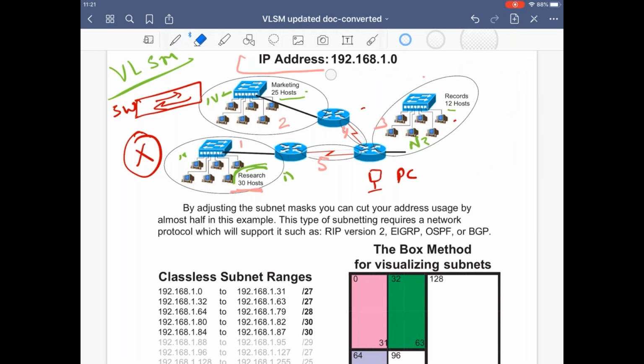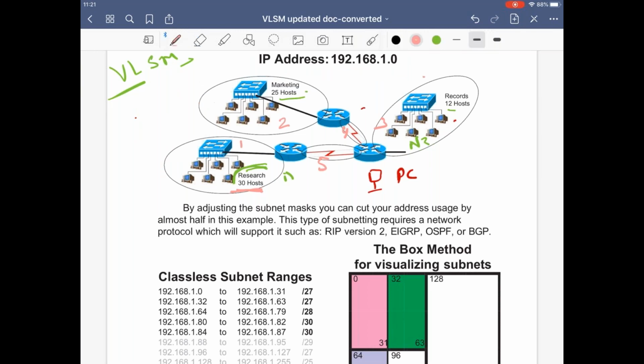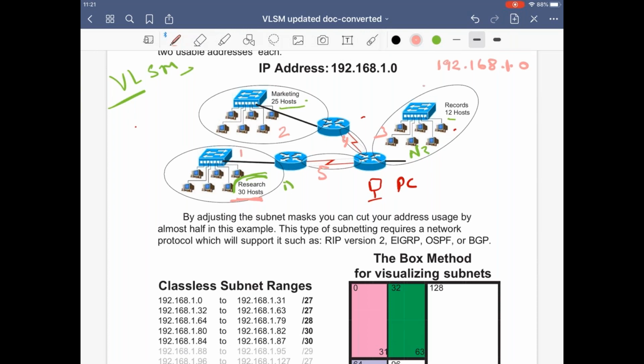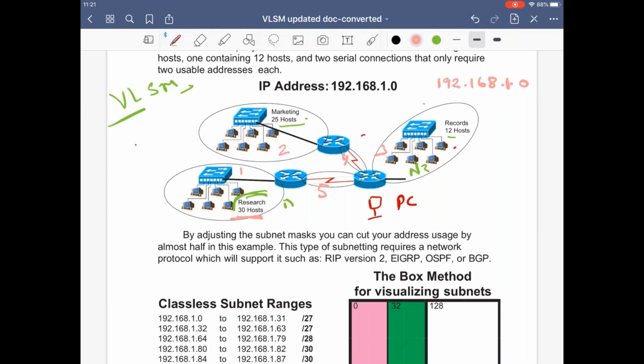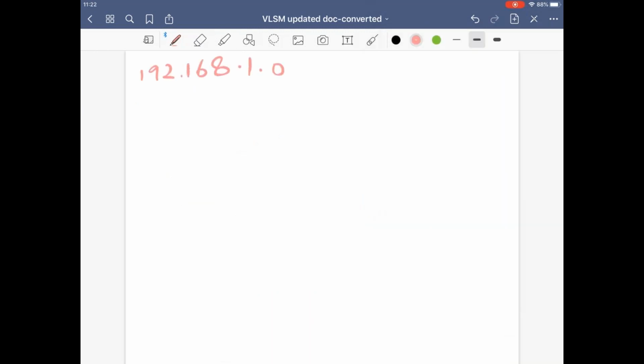Okay, so our given network is 192.168.1.0. And the requirement is 30 hosts.